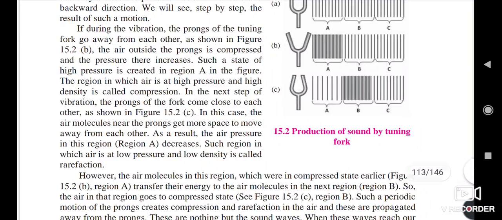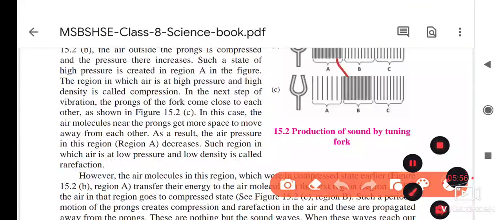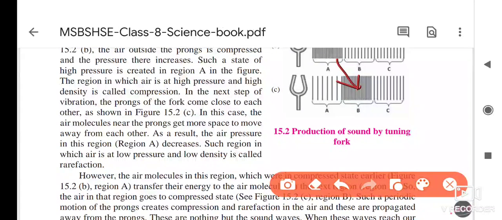However, the air molecules in the region A, which were in a compressed state earlier, transfer their energy to the air molecules from region A to region B. Okay.